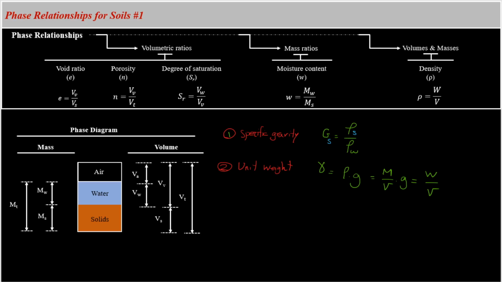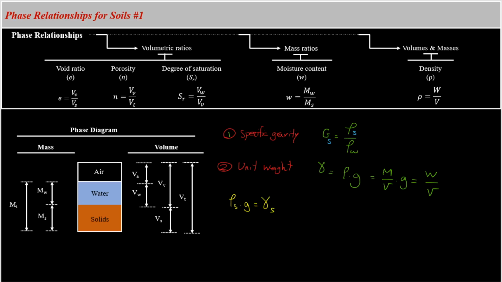So whatever densities that we had in the previous part of this video, if we multiply it by g, we will have a unit weight for that. For example, we had the density of solid particles. If we multiply it by g, we will have the unit weight of solid particles.